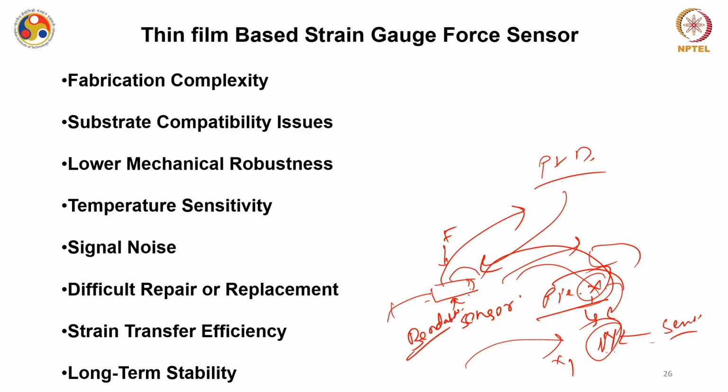Then the strain transfer efficiency is also not that great. The long term stability of this kind of thin film based strain gauge force sensors is another point where questions have been raised in the past.